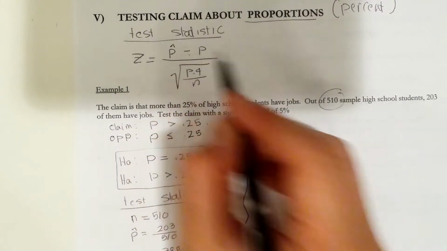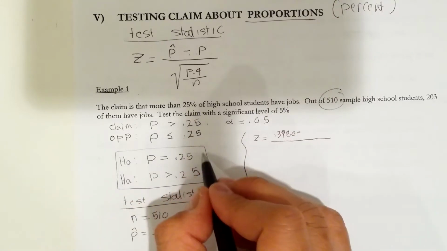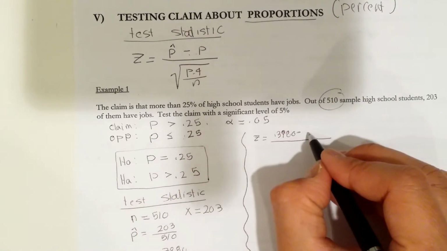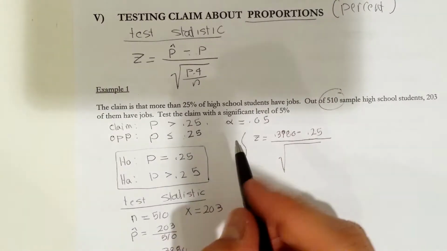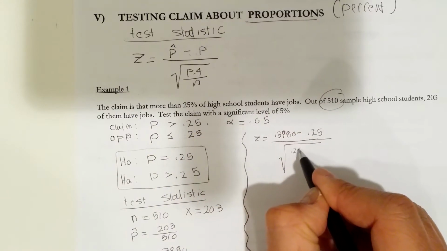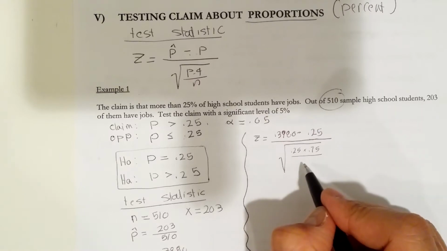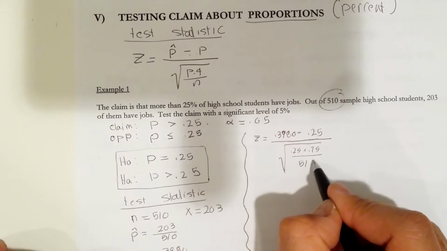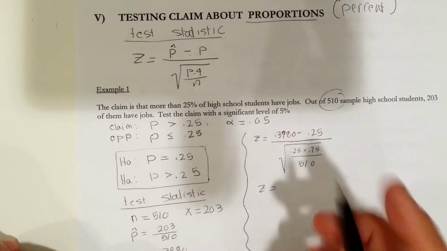Minus p. What's p? p is 0.25. Divided by the square root of p times q divided by n. n is 510. You punch that into your calculator and you get a number.